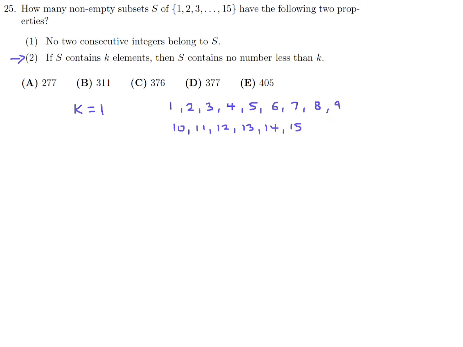So for example, if I chose 1, that's my set, because I have chosen k to be equal to 1, so the set contains only 1 element. And I can choose from any of these numbers because I didn't have to eliminate any, since when I say that the set contains no number less than k, there is no number less than k because k is 1.